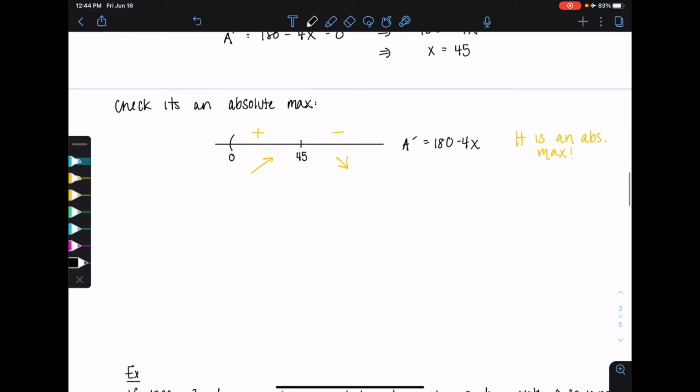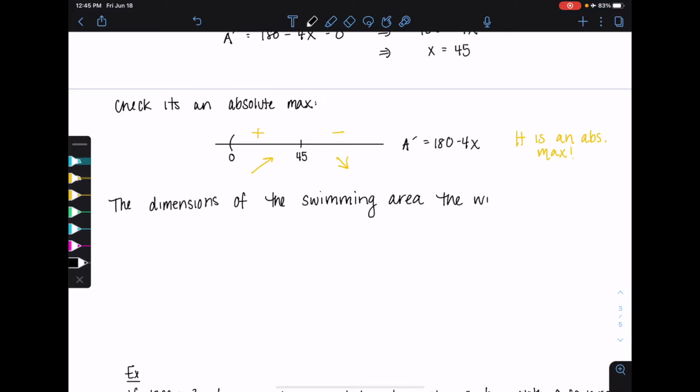So the dimensions of the swimming area that will maximize the area are, our x value is 45 yards.